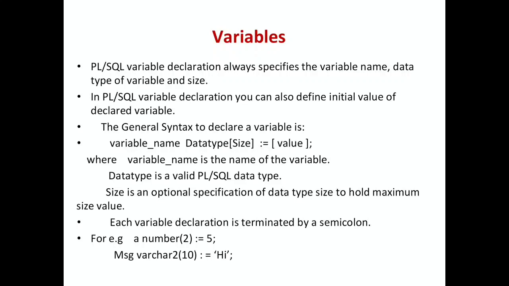And 5 is the value which can be stored into A. So we can say that this is the value, as a constant, which can be stored into A. The next is message. MSG is the name of the variable. Data type is varchar2. Size is 10. Colon equal to 'hi'. As hi is a string, it is written in single quotes.